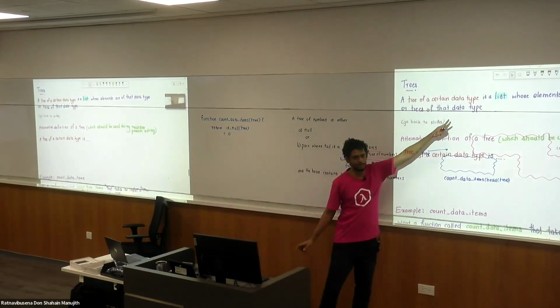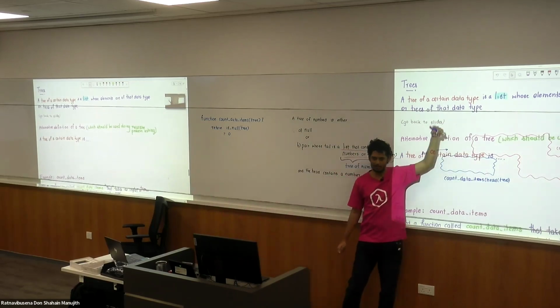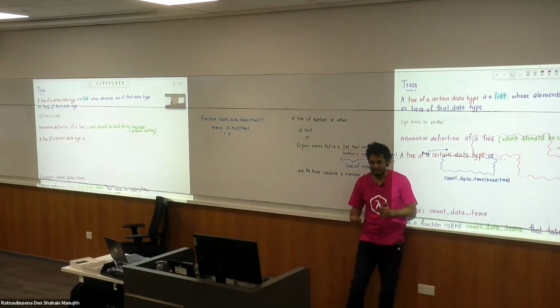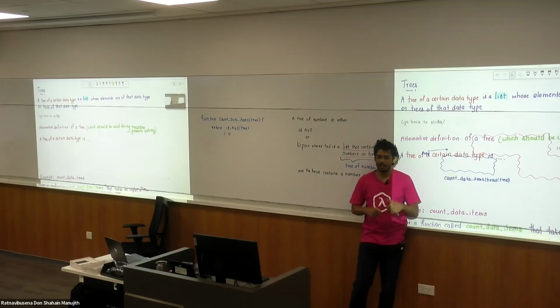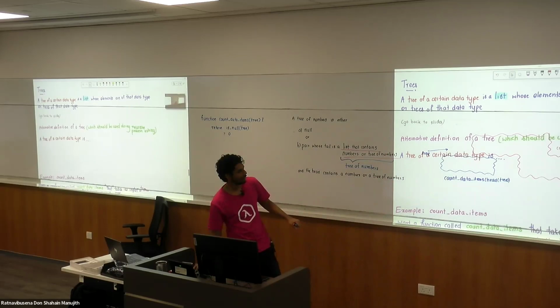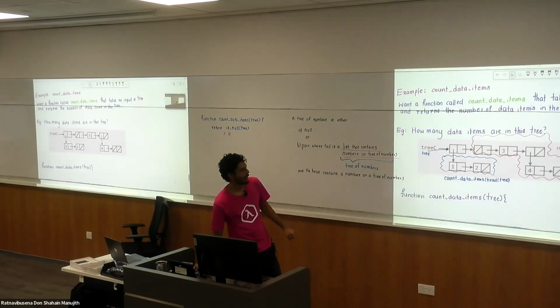Because the problem is well defined, you can use the isList function. But sometimes even if something is a list, it will not be a tree of numbers. Okay, keep that in mind. Okay, back here.